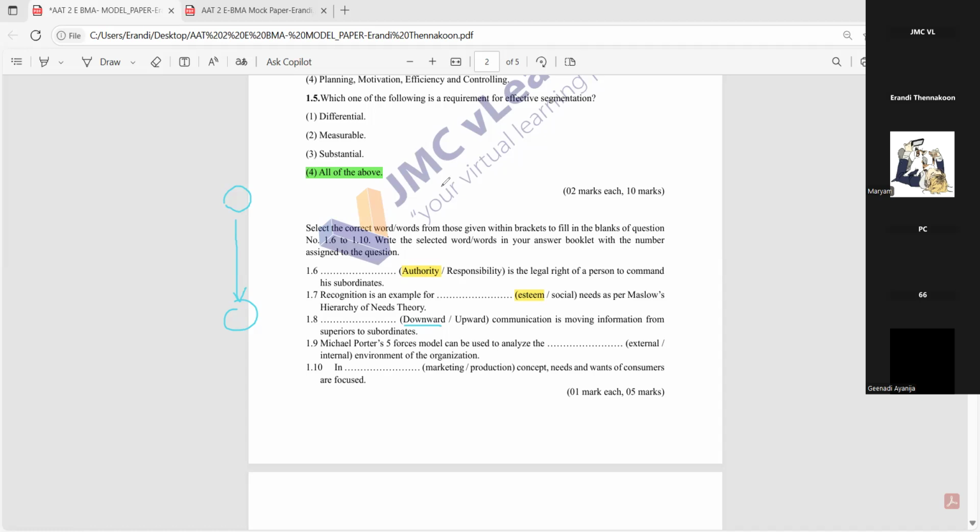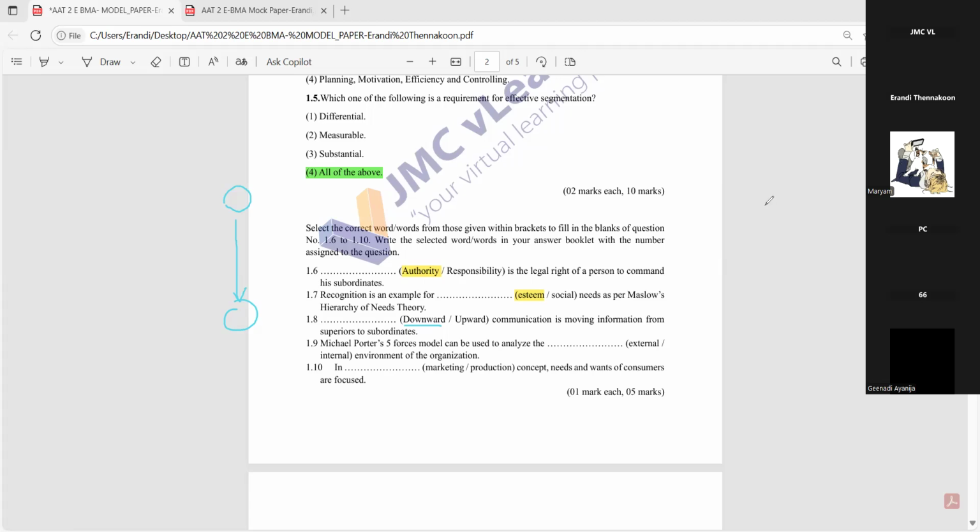So what are the five forces in this model? It's competitive rivalry or industry competition, threats of new entrants, bargaining power of suppliers, bargaining power of buyers or customers, threats of substitutes, alternative products. So these are the five forces model.